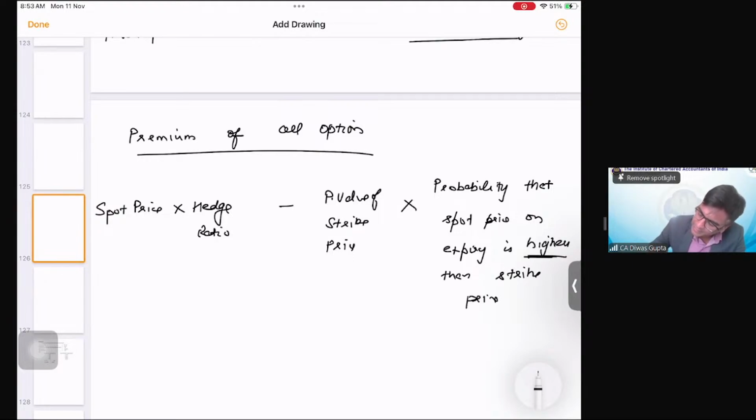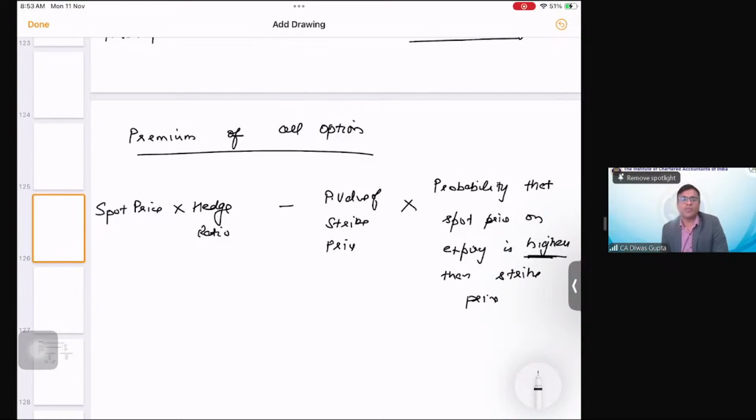Only if it is higher, then the premium will get calculated. If it is higher, then it is in the money. Because there is another probability that might happen that it will become out of the money, right? So we have to account for both the possibilities, and hence we are making use of probability here.